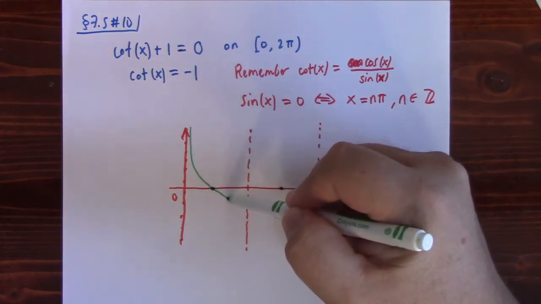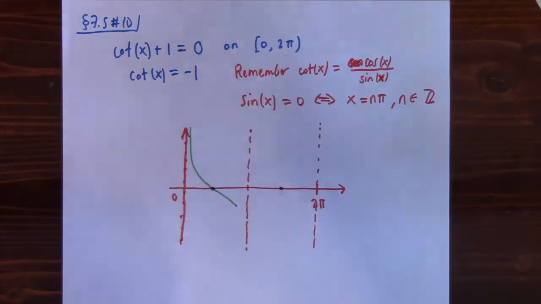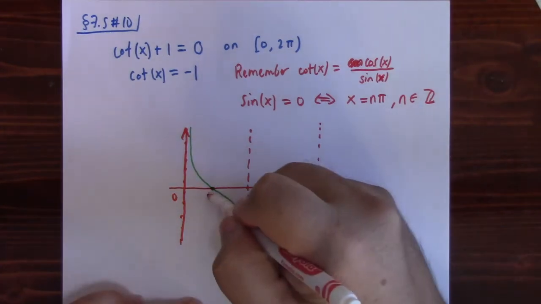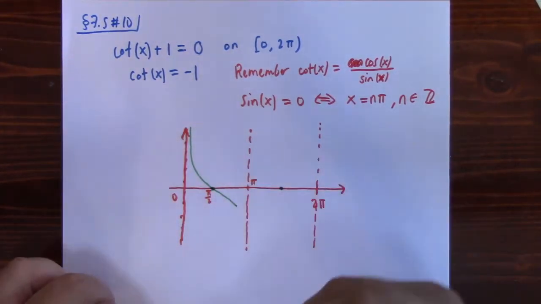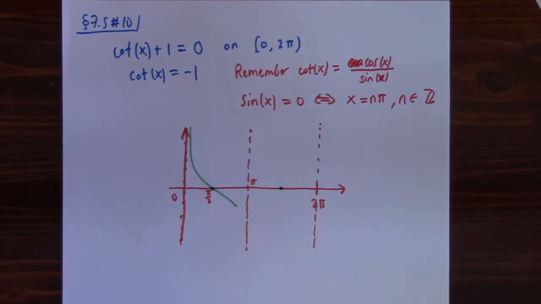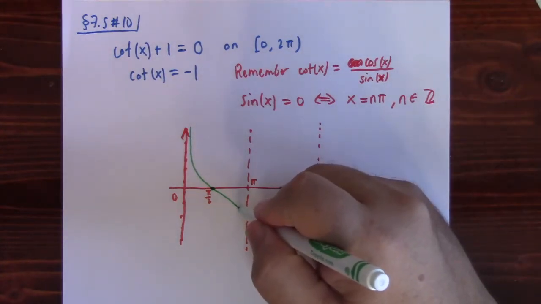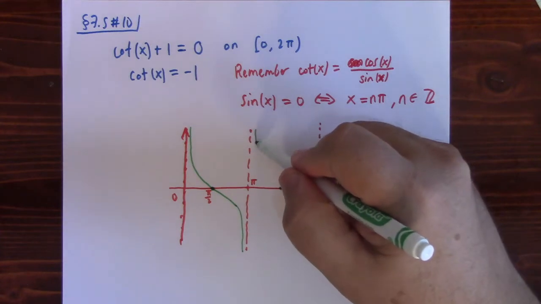It goes through 0, and then in quadrant 2, which is between pi over 2 and pi, the x values are negative, which means cosine's negative and sine's positive, so that gives you a net minus, and then this story kind of repeats.